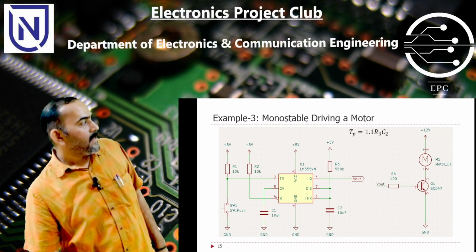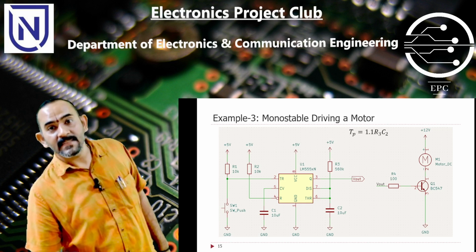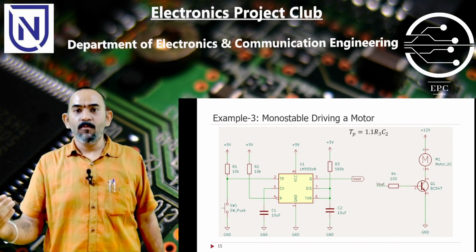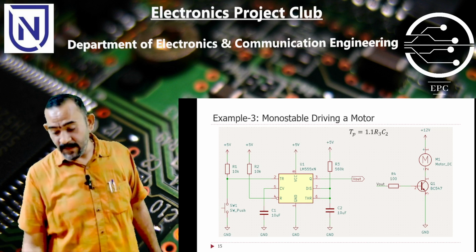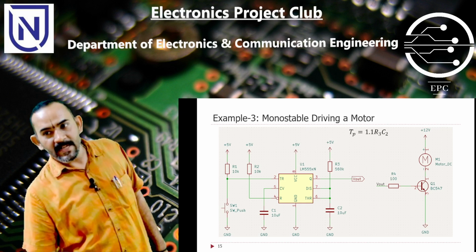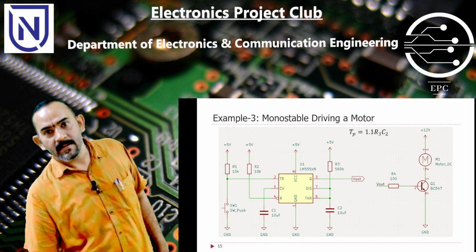And this one I am connecting to the base of a transistor because the motor current requirement is higher. The motor requires around 30 milliampere of current, which is not supported by the 555 timer. It gives a low value of current. So to increase the current drive, I am connecting this transistor.